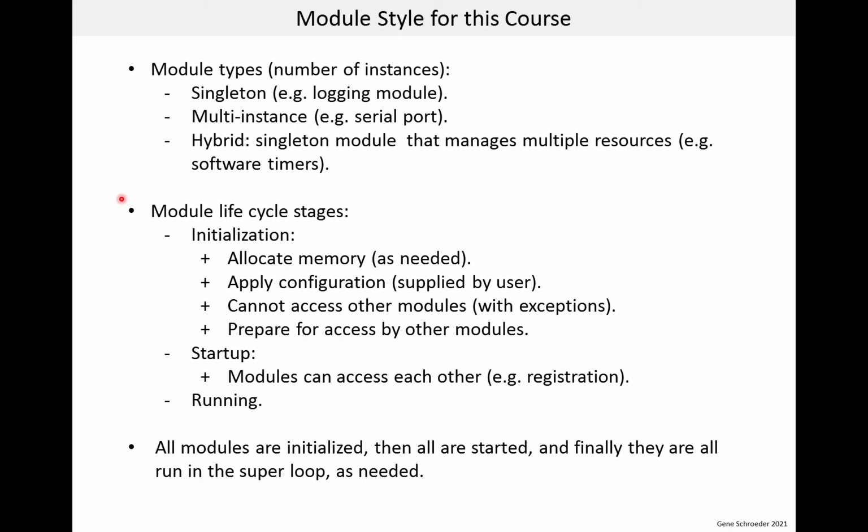Next, I want to talk about the module lifecycle stages. By lifecycle stages, I mean how a module gets created and moves to the running state. This may be more clear when we look at the API in a minute. The first stage of the lifecycle is module initialization. During initialization, memory is allocated as needed.